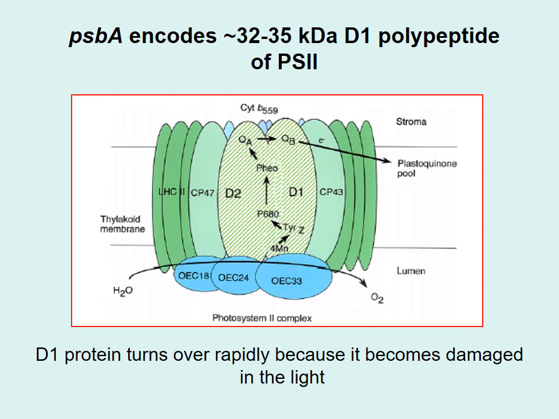photosystem 2 complex. Of these two proteins, D1 is more important because D1 turns over rapidly, because it becomes damaged by excess light.